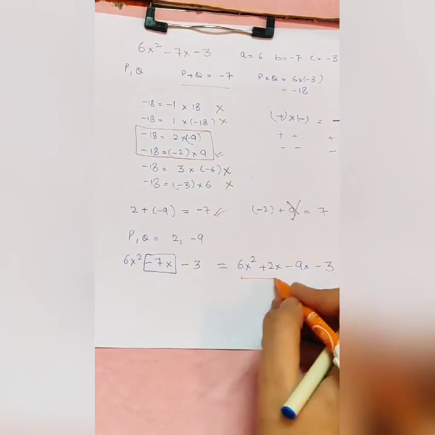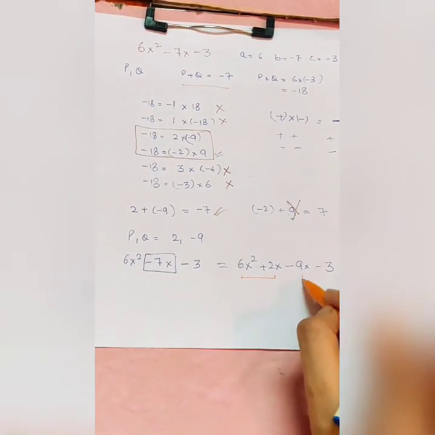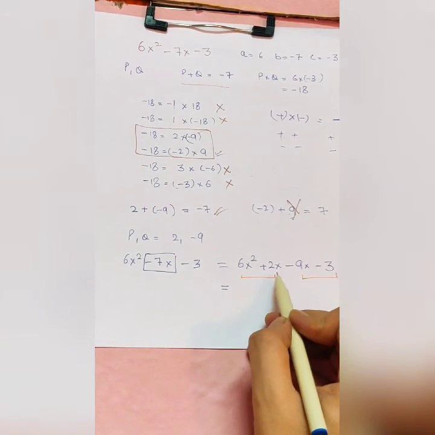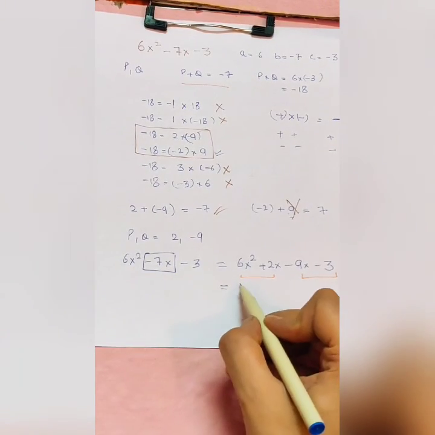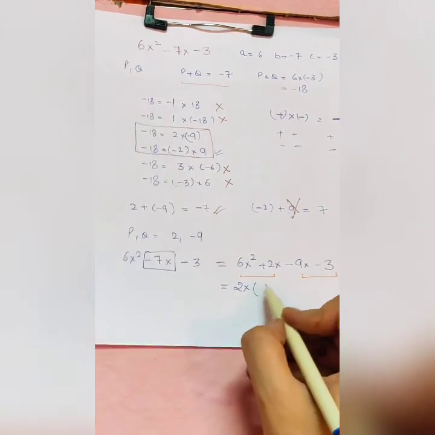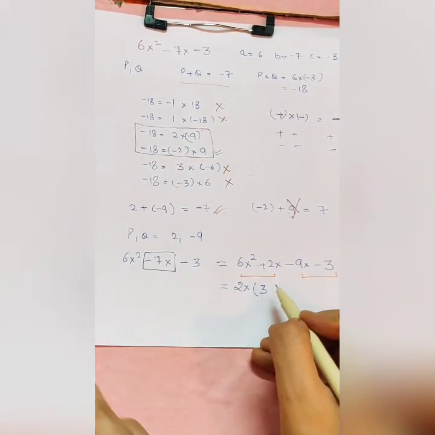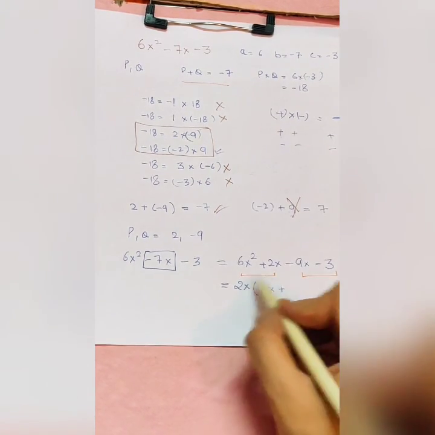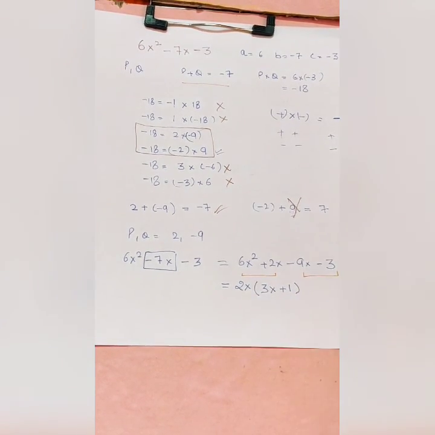Take the common terms from the first two, common terms from the last two. 6x squared, 2x: so 2 and x we can take out. 2 is already out, we are left with 3x plus 1.